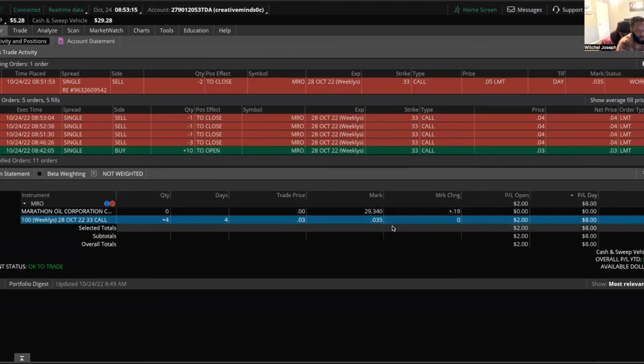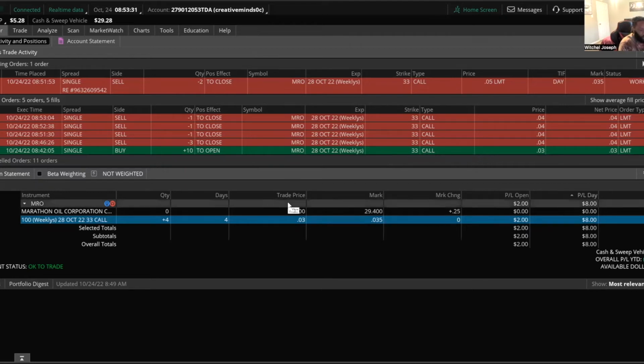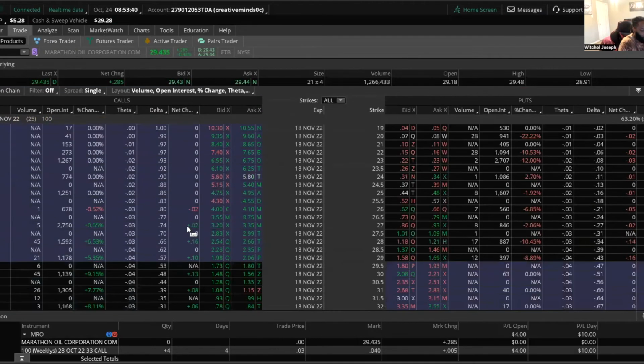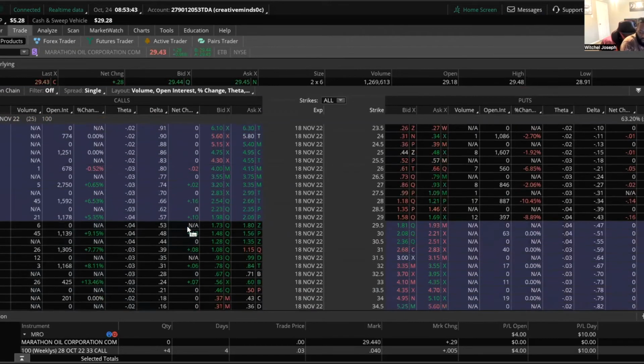Now with these 4, I want to see if I can take some more money. And not only that, MRO is still running. Look at it on the day. I put it on the 15. So now one thing I gotta see is if this comes back down, I could add some more. So what I could do is try to get another one. But I'm satisfied with taking my profits regardless.